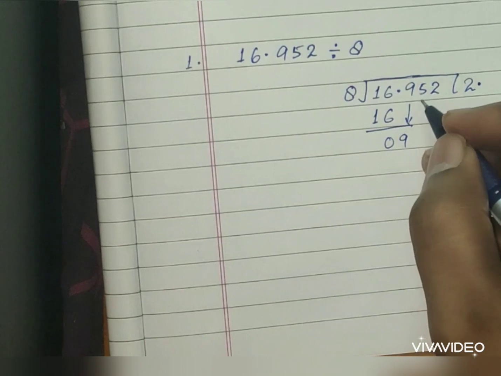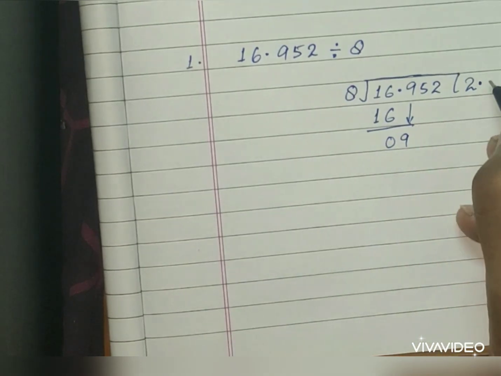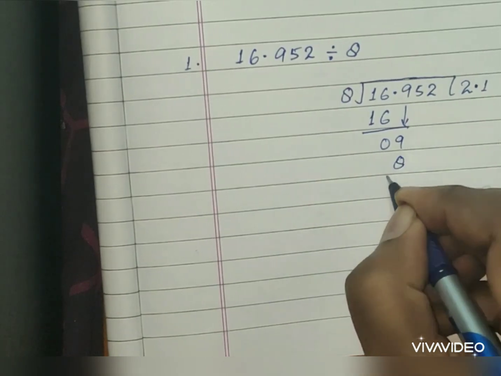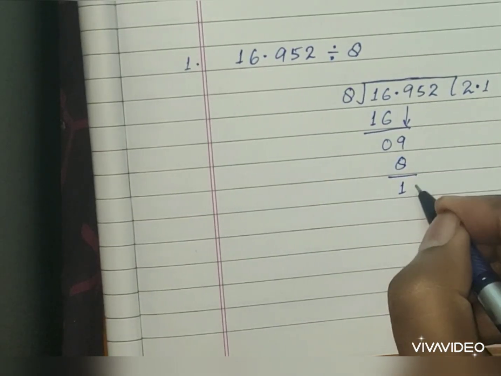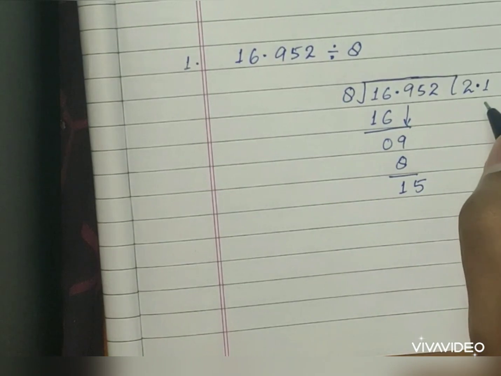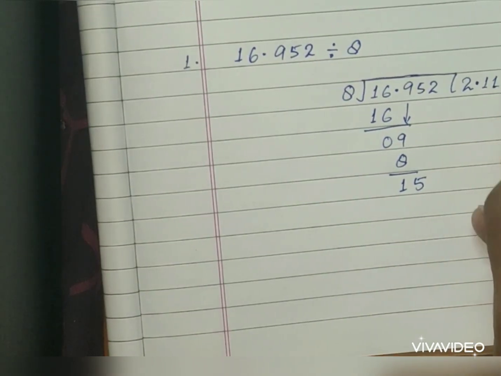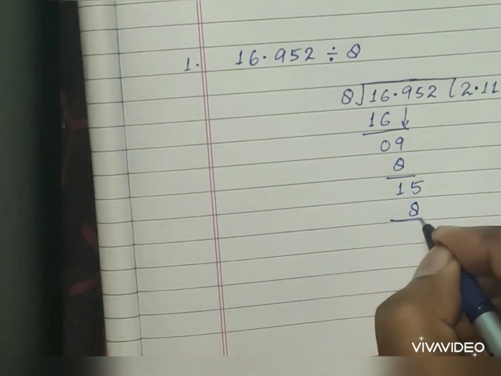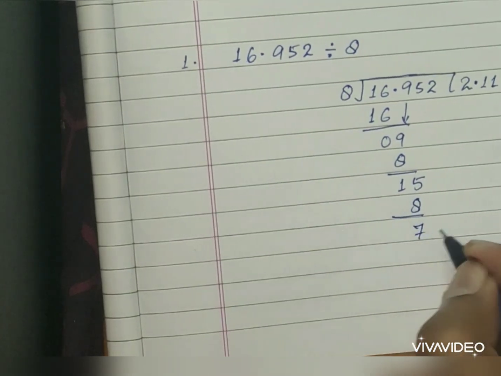Now then what to do? 8 ones are 8, 1 is left, 5 will come down, 15. 8 ones are 8, now 7 is left.